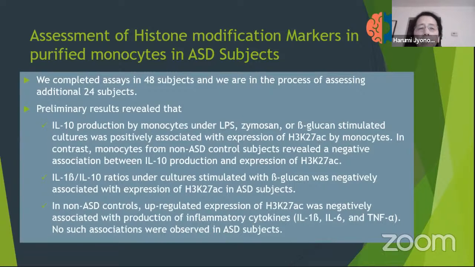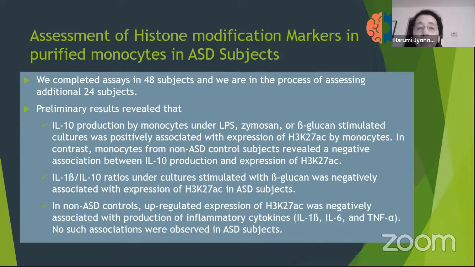And we also see that IL-10 is a suppressor cytokine. So we expected that with H3K27AC expression, IL-10 production is supposed to be downregulated, so it's going to be a negative association.